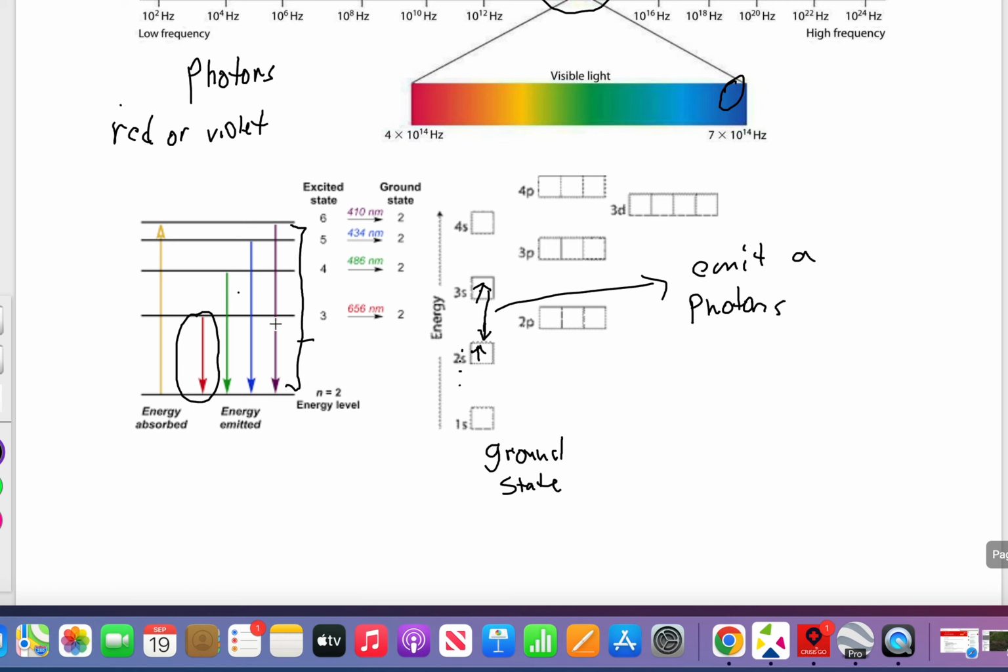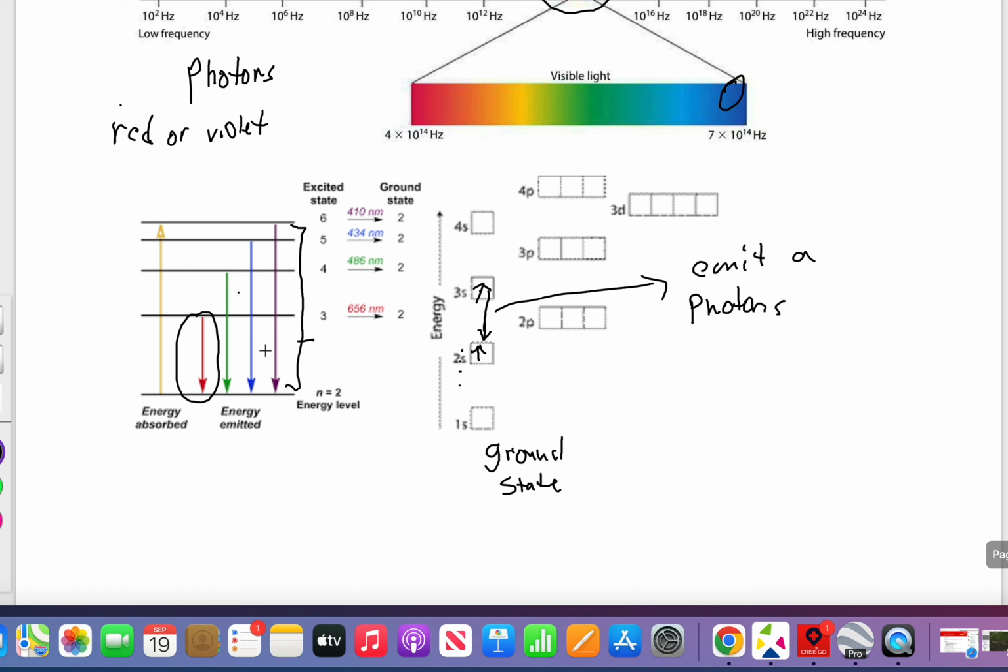That emits a photon with more energy, like a violet colored photon. And if it was just a little bit less energy, like 5 to 2, then it emits a blue one, which is lower in energy. The bigger the jump in energy levels, the higher the energy of light.